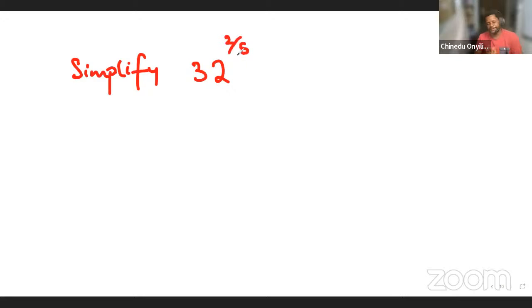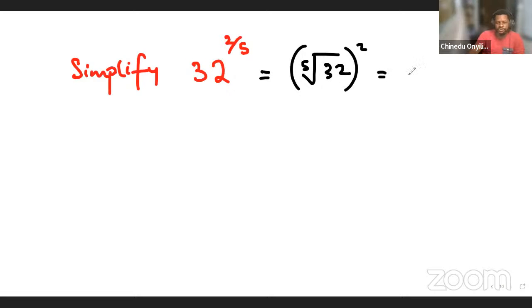What we could do is write this as the 5th root of 32, close the bracket, to the power of 2. Now, the 5th root of 32 is 2, and 2 raised to the power 2 will be 4. Pretty straightforward.